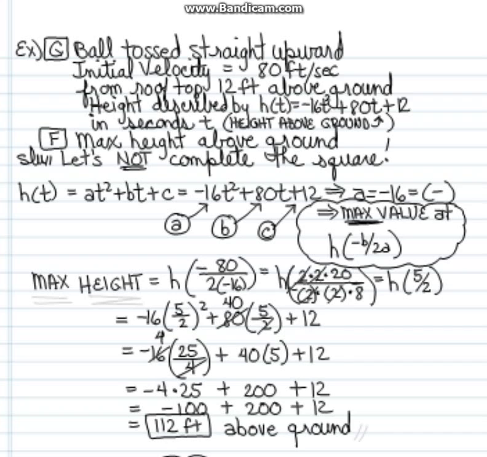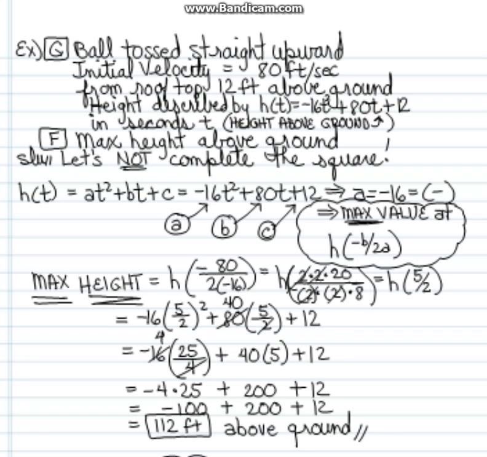So once again, the format that we followed here was, we're going to take h of t, identify the a, b, and c, recognize that the a value is negative, so we have an upside down parabola, which means the vertex is the highest point, so the y coordinate represents the maximum height.